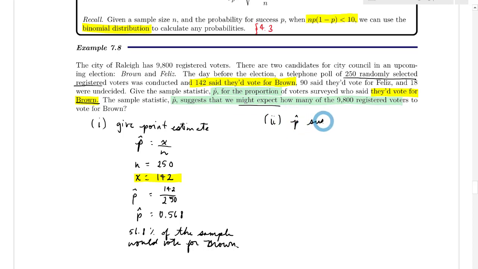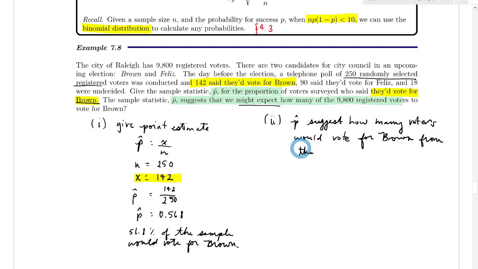P hat suggests how many voters would vote for Brown from the population of voters in Raleigh.